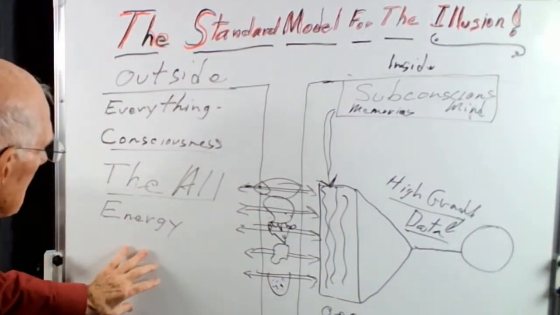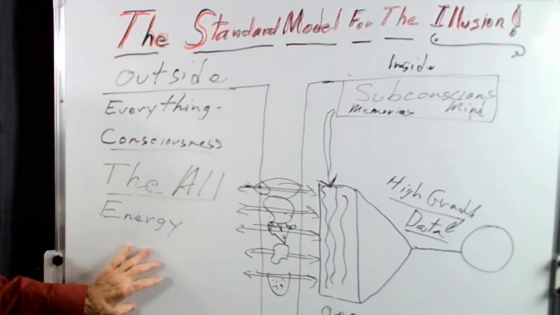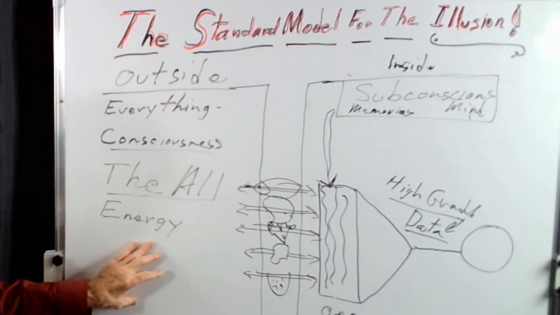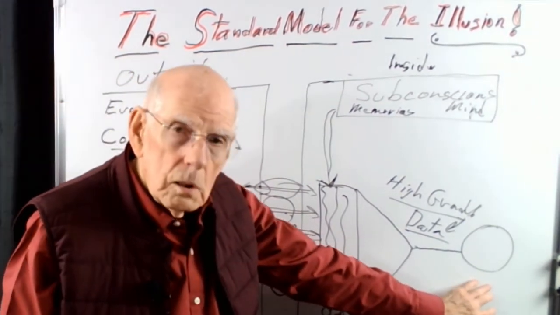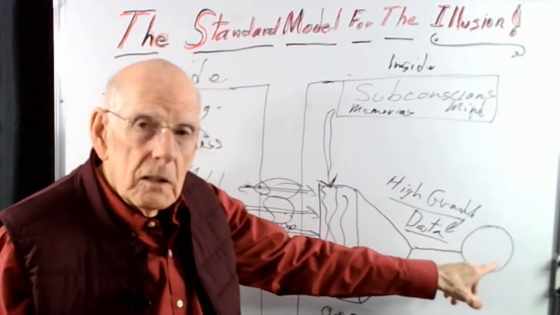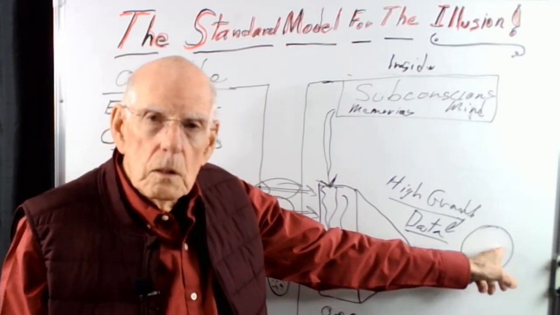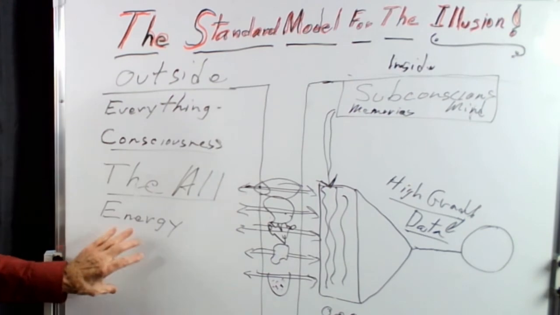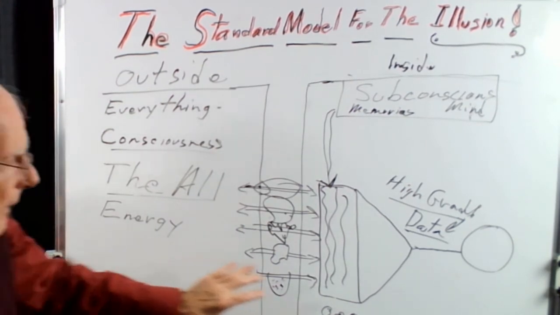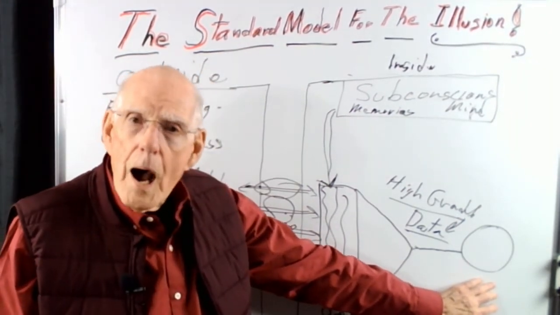This out here, everything, unmanifested. In here, with the high-graded data, this is what you manifest. Out here, energy. In here, objects.